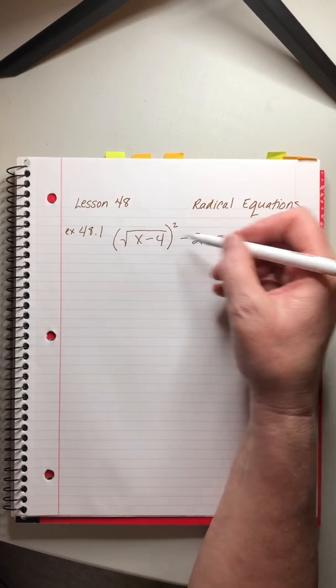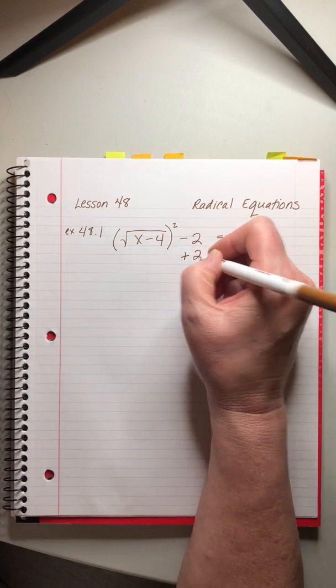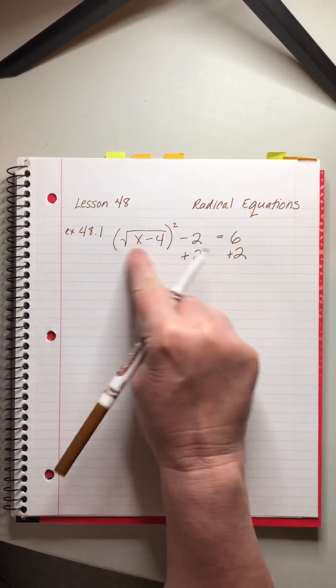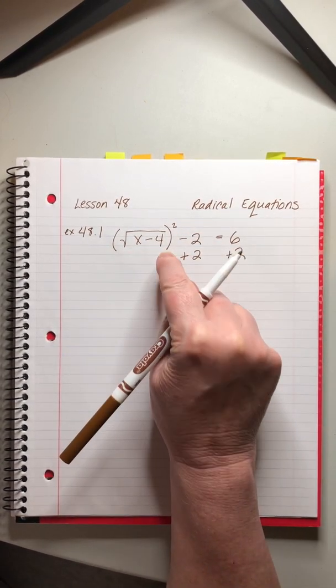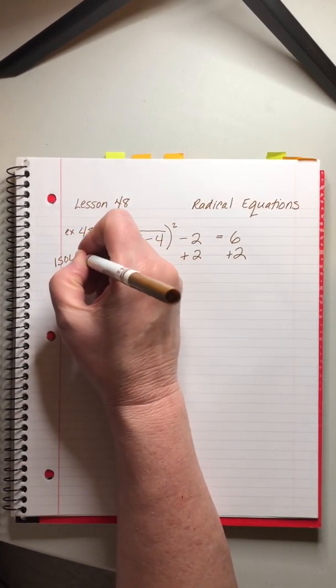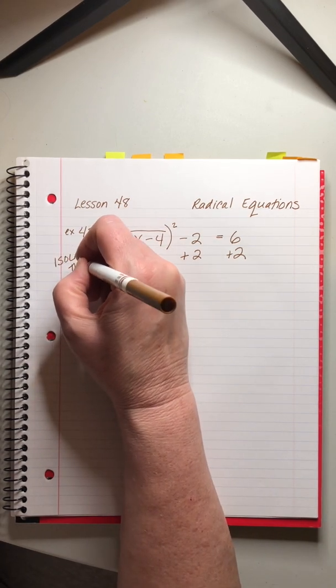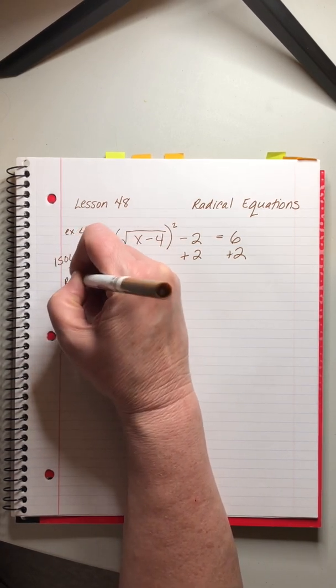But in order to do this, we have to get rid of this. So the first thing we want to do is get this chunk by itself on one side of the equation. And we call that isolating the radical.